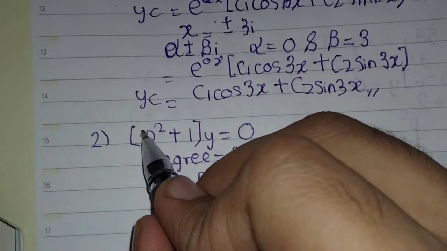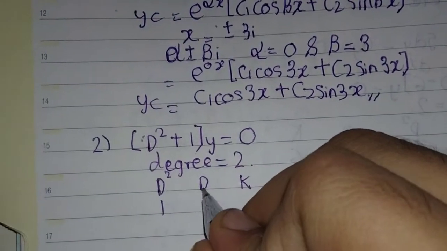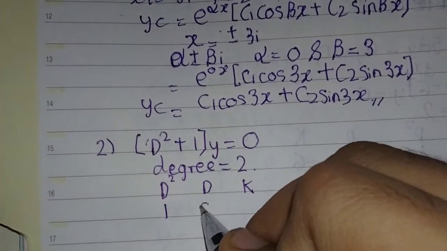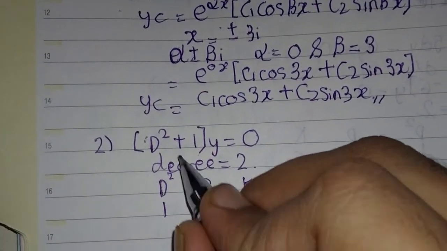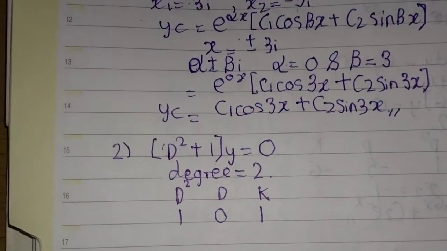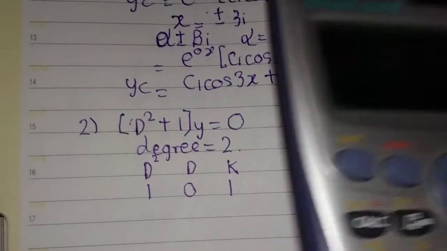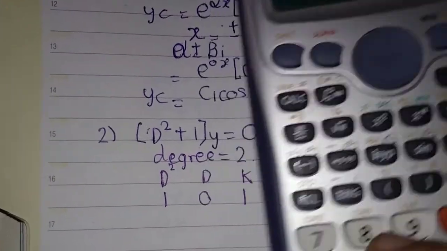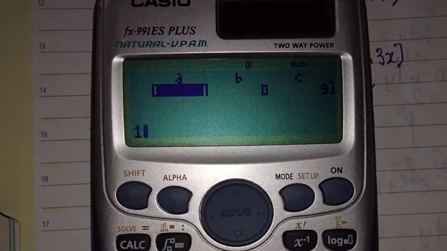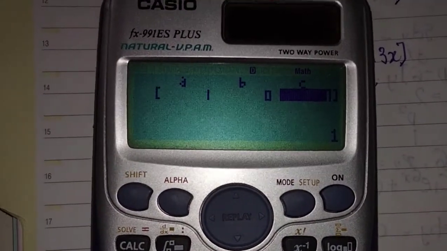What is the value of d square? It is 1 here. What is the value of d? The d term is not present here, so we can write it as 0. And what's the value of constant? The value of constant here is 1. So putting these values in the calci, we will get 1, 0, 1.